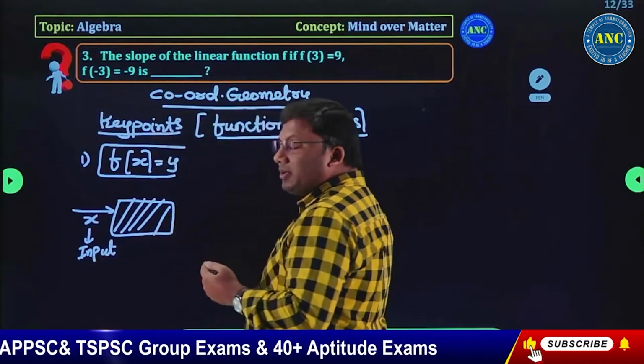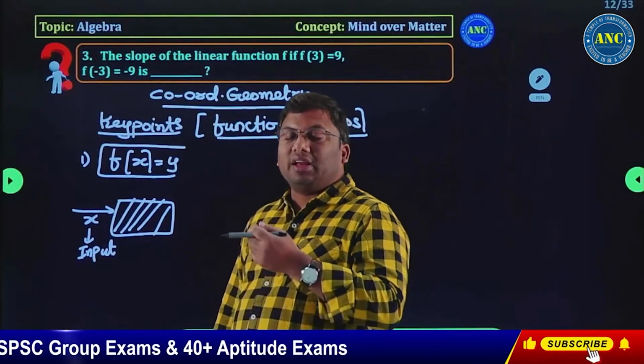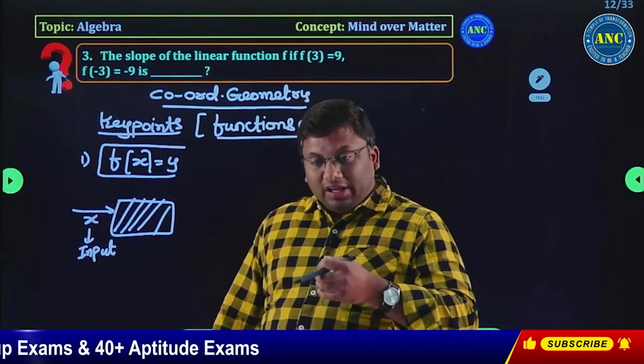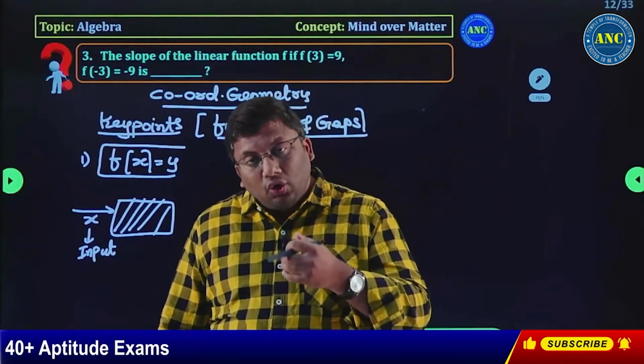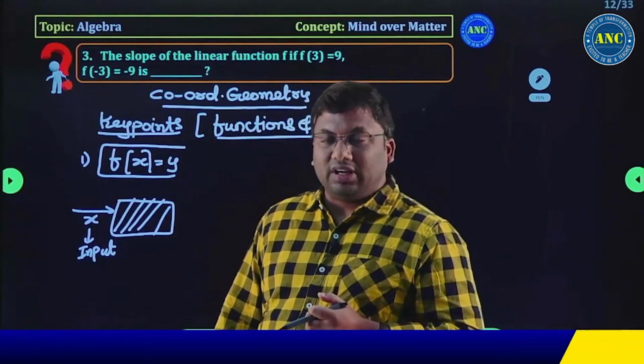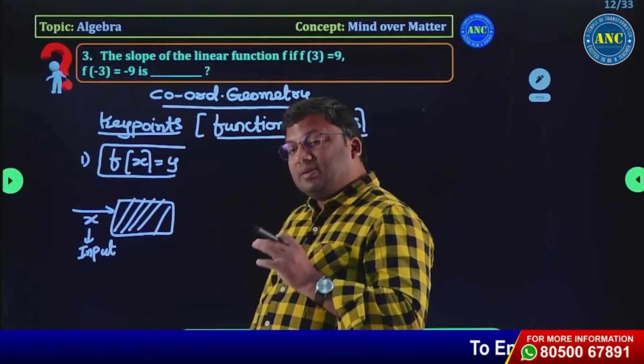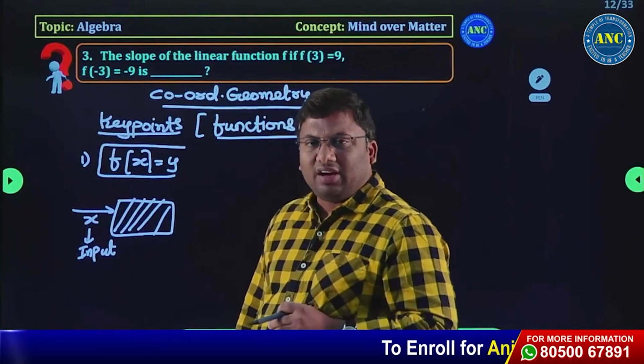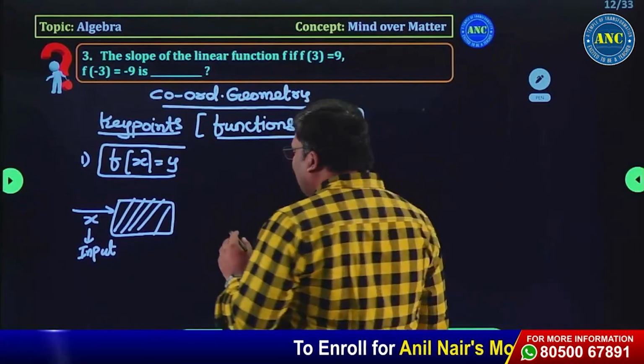Suppose this processor doubles the input, 2 will become 4. If this processor cubes the input, if it is 3, this will become 3 cube, 27. This processor performs some mathematical function and it gives an output.